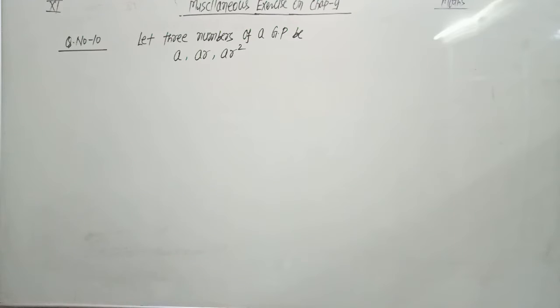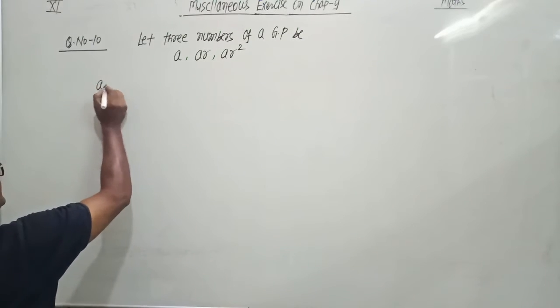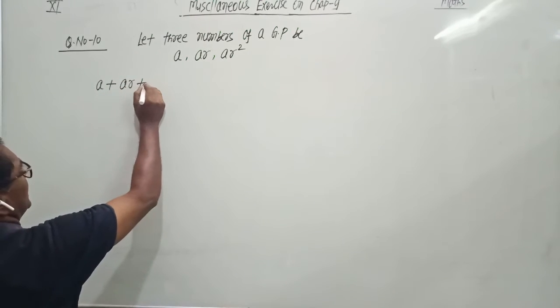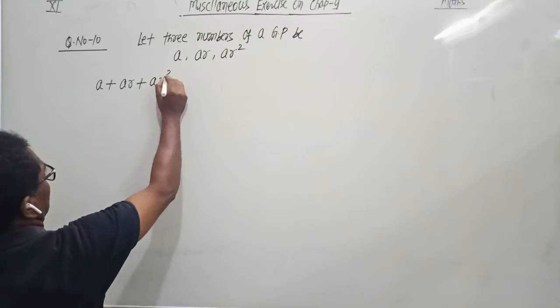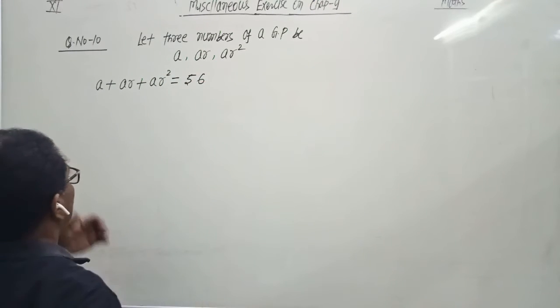Three numbers in a GP, we supposed A, AR and AR square. Their sum is 56. Means we have given A plus AR plus AR square is equal to 56.